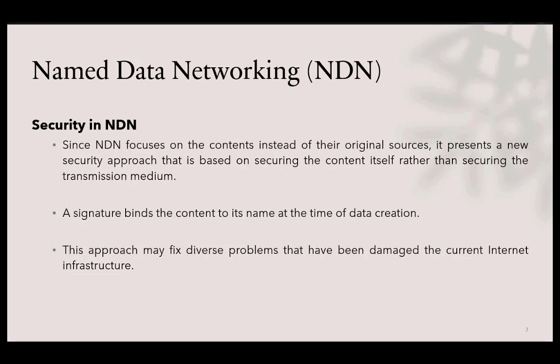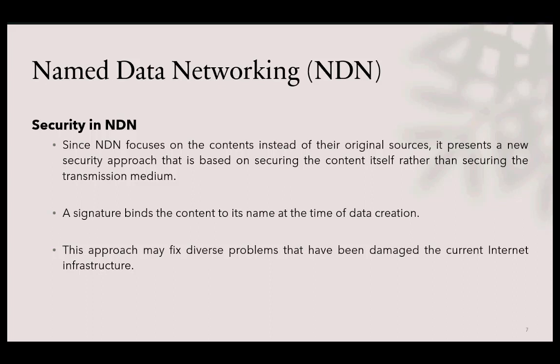Nowadays, network security is provided by keeping the communication channel secured. On the contrary, since NDN focuses on the contents instead of their original sources, it presents a new security approach that is based on securing the content itself rather than securing the transmission medium.